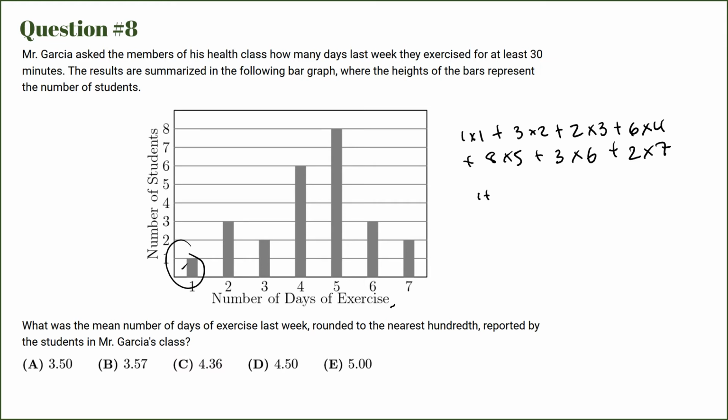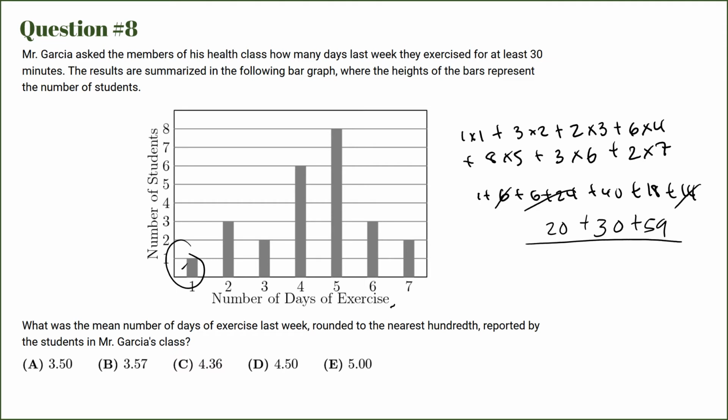So that would be 1 plus 6 plus 6 plus 24 plus 40 plus 18 plus 14. So that would be 20 plus 30 plus 59 over, what's this, the number of days of exercise?